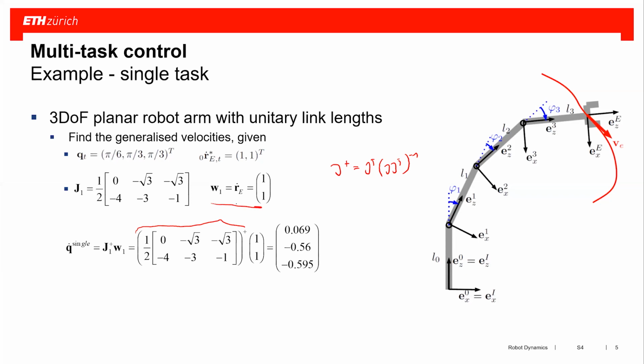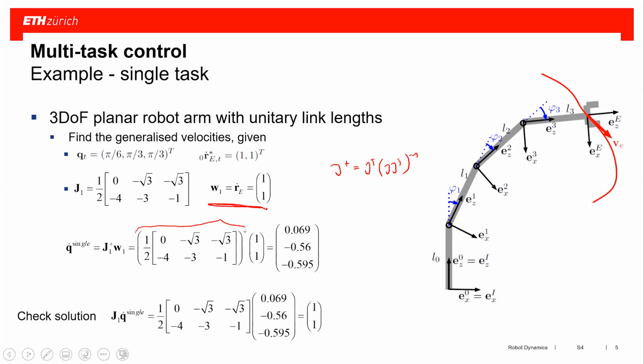So we want to achieve an end effector velocity of (1, 0), and what we figured out is a Q dot which satisfies that one task. And I can check this. So what I can do is take the Jacobian at this time t, Q, multiply it with this Q dot that we calculated here, and what you end up with is this one velocity.